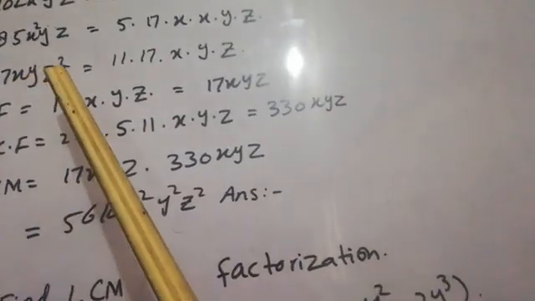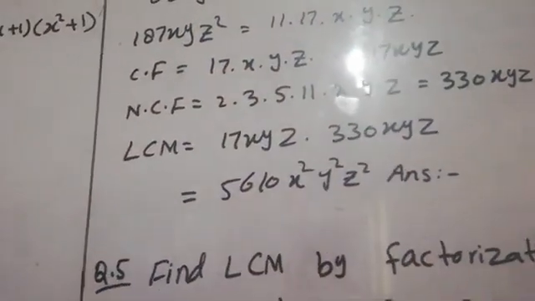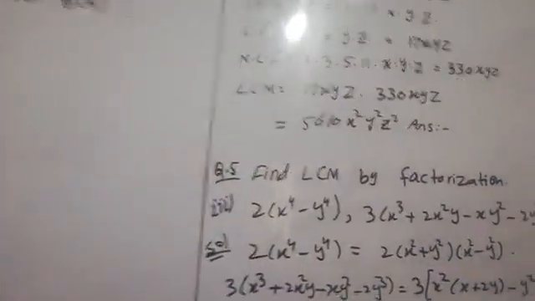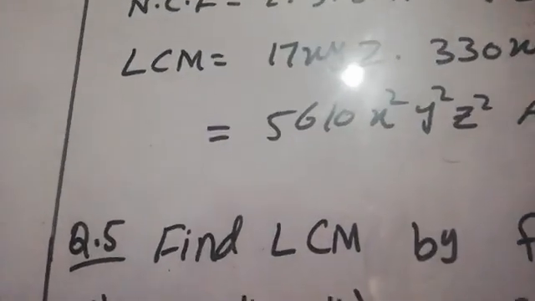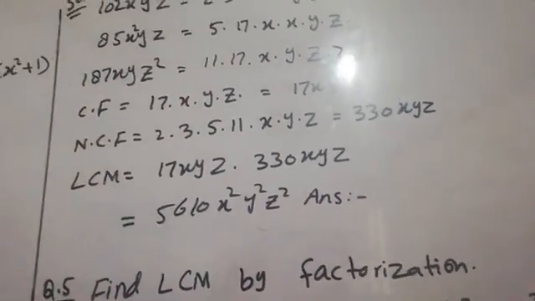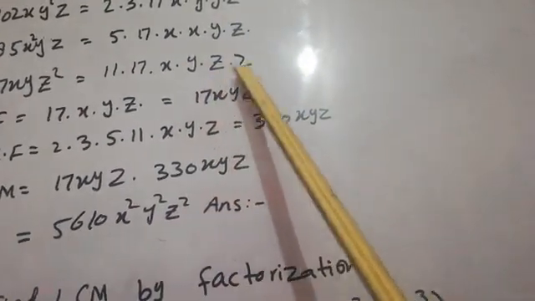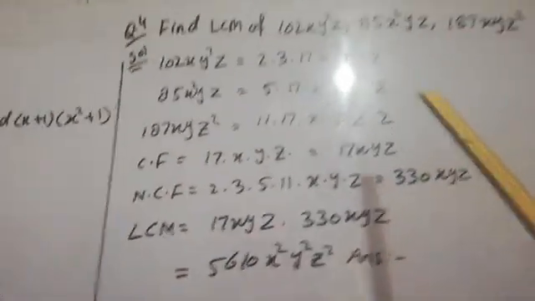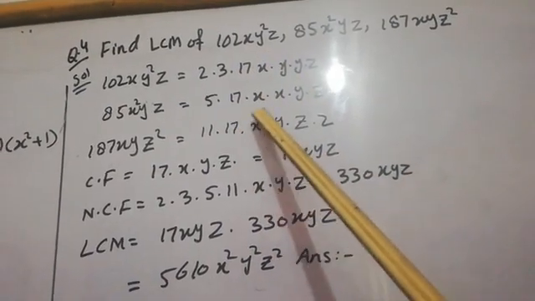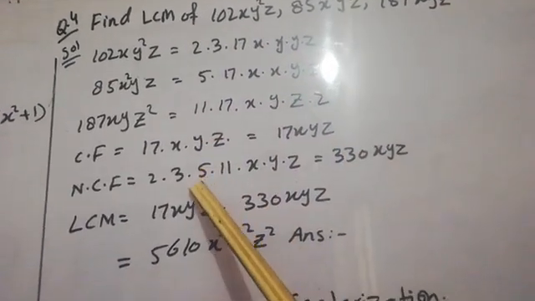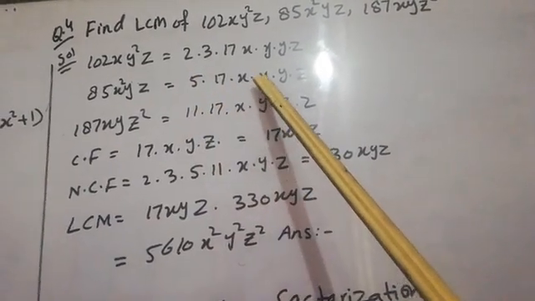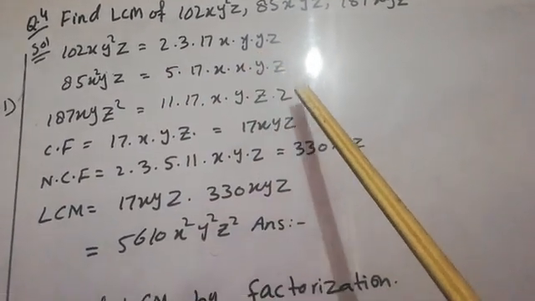And here we will write 187 x y z square, which becomes 11 into 17 into x into y into z into z. So the common factors are 17 x y z, and the non-common factors are 2, 3, 5, 11, x, y and z.